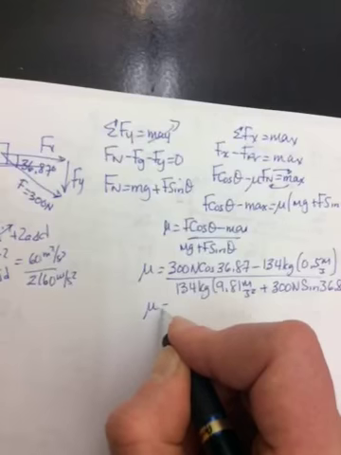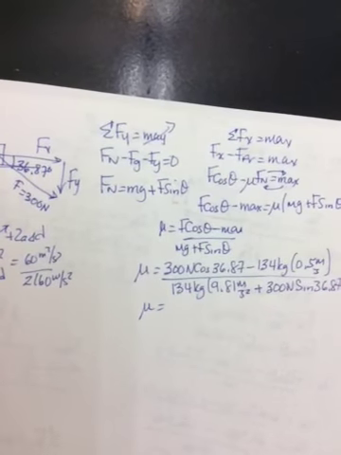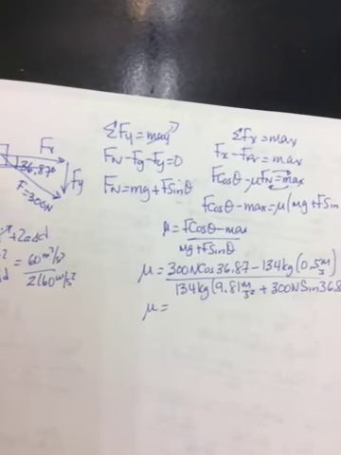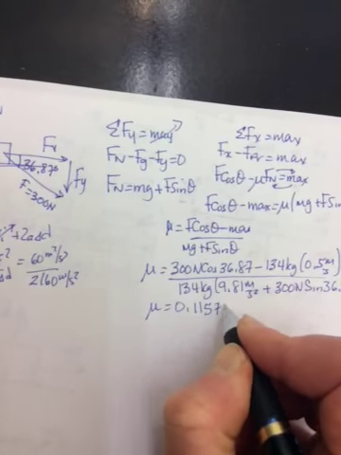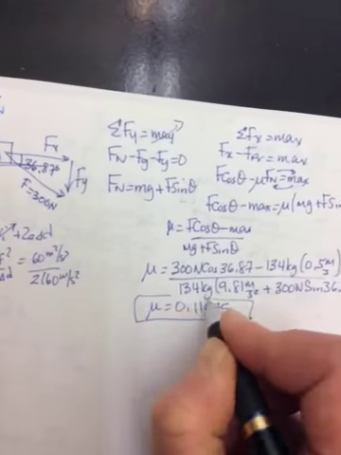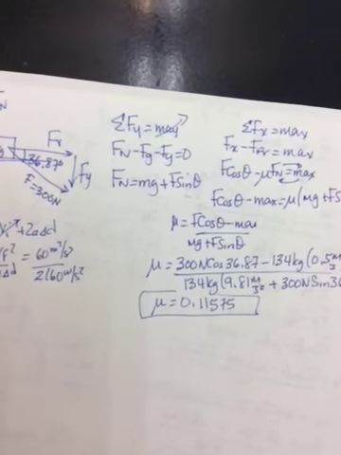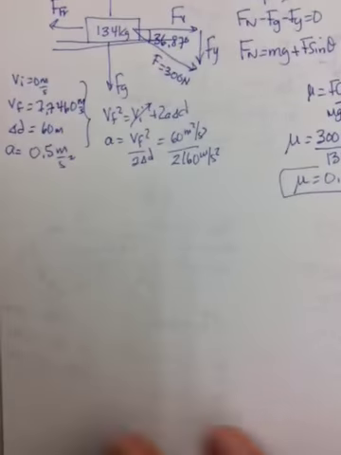And assuming that you can type this into your calculator correctly, you should get 0.11575, I think. Double check. Yeah. All right.